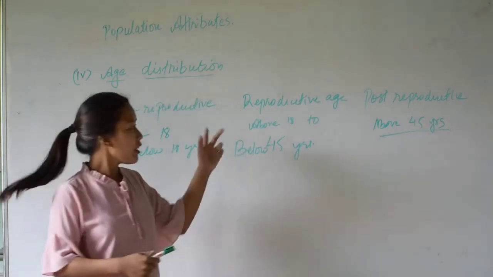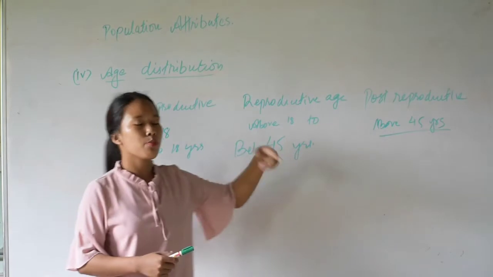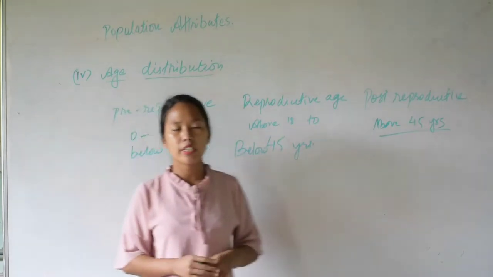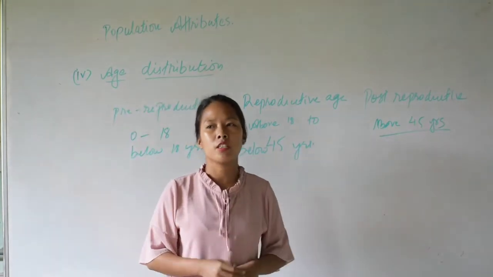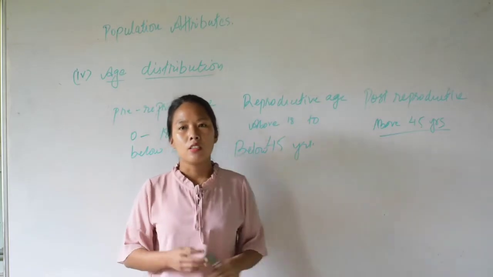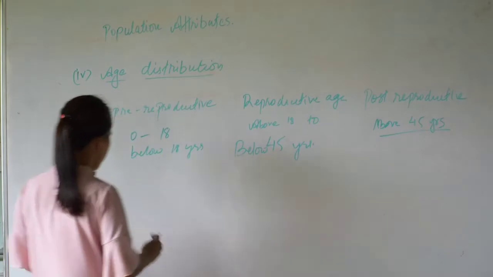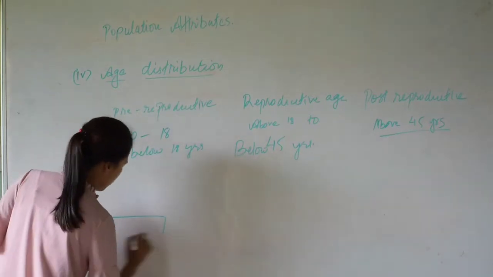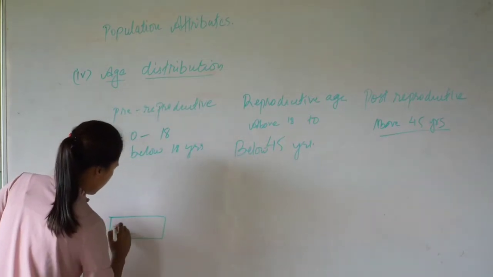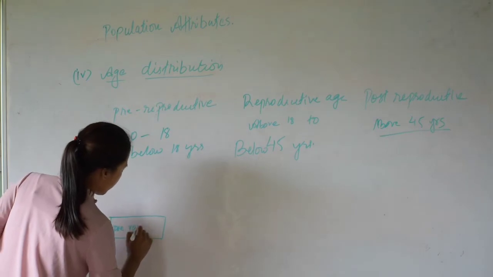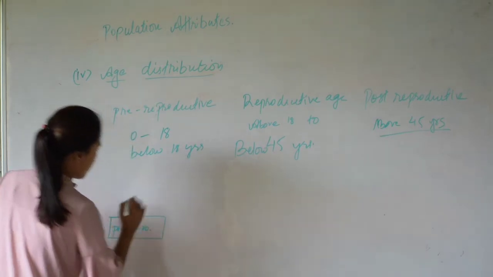So depending upon which age group is more prevalent in a population, we can determine whether the population is expanding, stable, or declining. Suppose this is the size of the pre-reproductive age group.